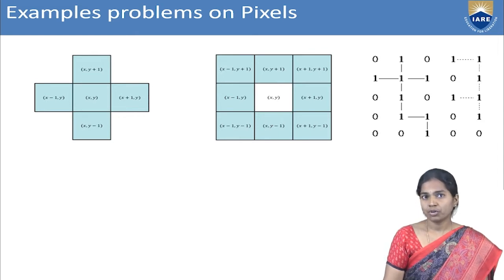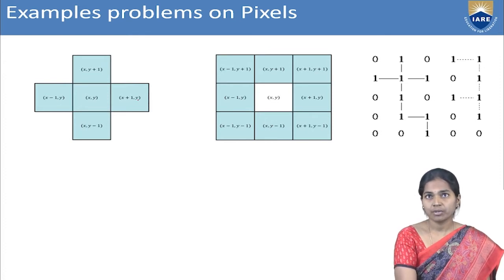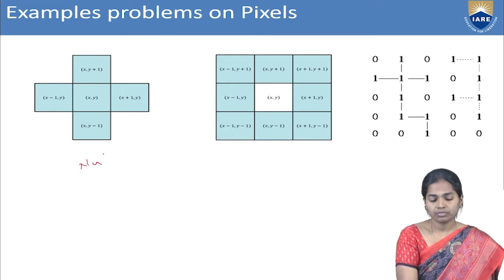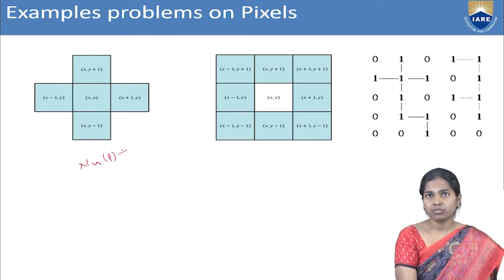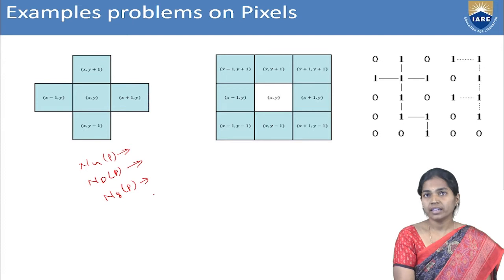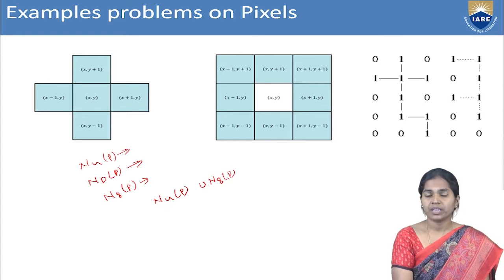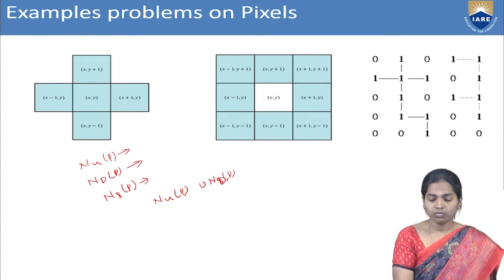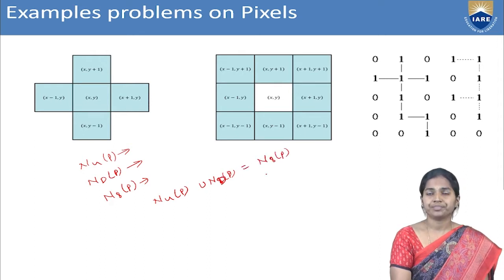In the neighborhood operation, we have x plus 1 comma y. When we go for the neighborhood operation, we have three types: n4 of p, the 4 neighbors; nd of p, the diagonal neighbors; and n8 of p, which is n4 of p union with nd of p.